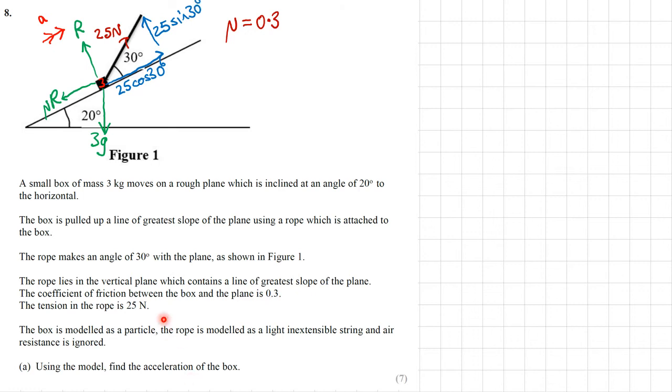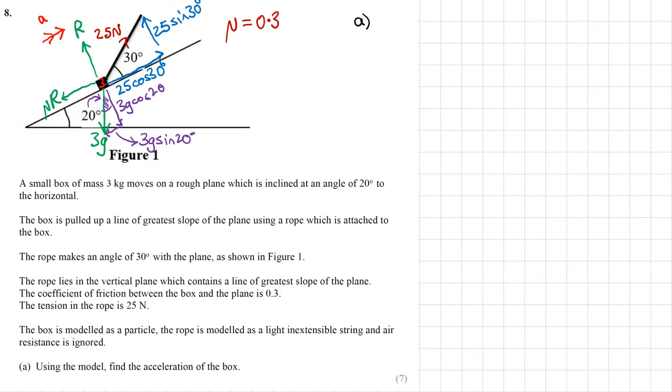And then we need to do the same with the weight, those two bits which are not running parallel or perpendicular to the slope. This angle at the top here, that's the same as the 20. So my force which is perpendicular to the slope will be 3g cos 20, and this one down here running parallel to the slope will be 3g sine 20.